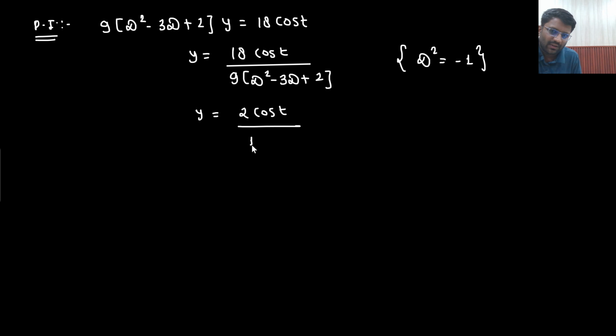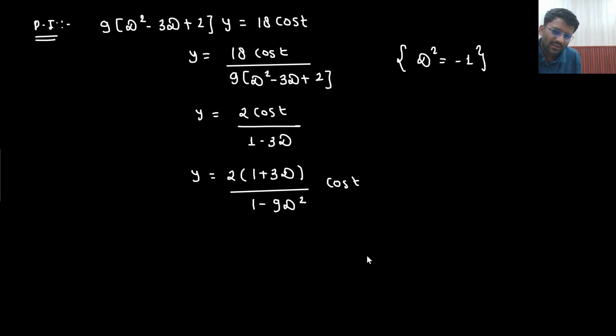So here you will be getting 1 minus 3d. Right? Again what I will do, multiply and divide with 1 plus 3d and 1 minus 3d. 2 into this, all this process we have already seen. That's why I am doing it in a bit faster manner, because everything we have already seen. So 1 minus 9d square cos t. Right?